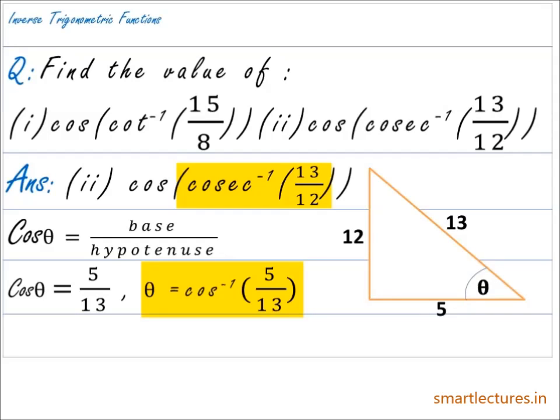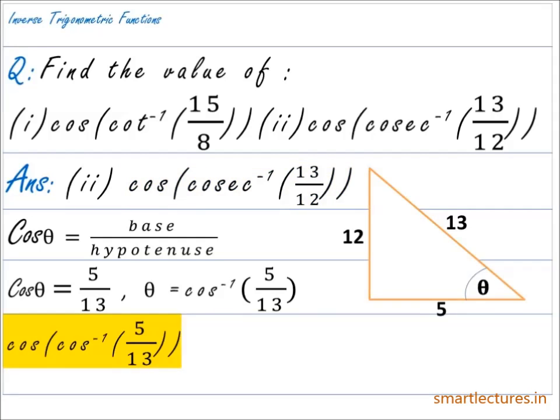So now our expression cos of cosecant inverse 13 upon 12 can also be written as cos of cos inverse 5 upon 13. And as per the properties of cos inverse function, the cos of cos inverse x is equal to x for all x which lie in the range -1 to 1.